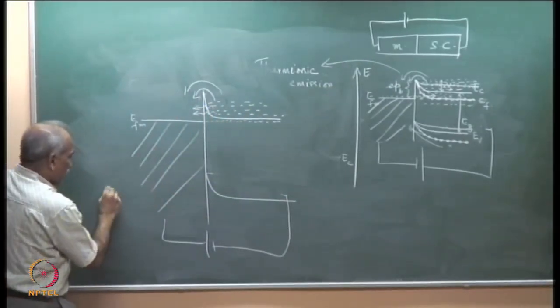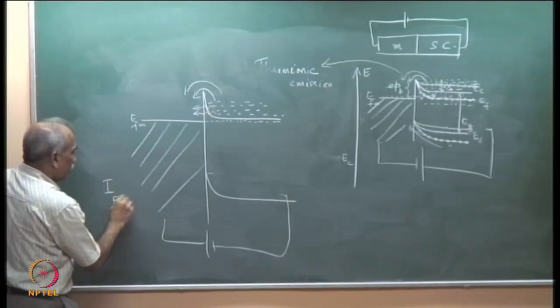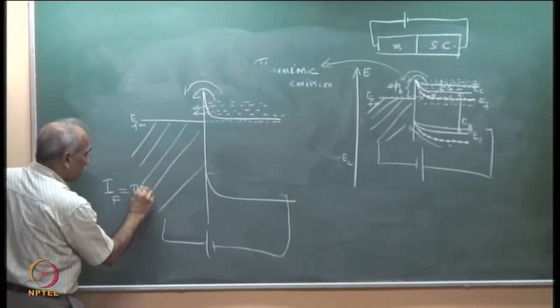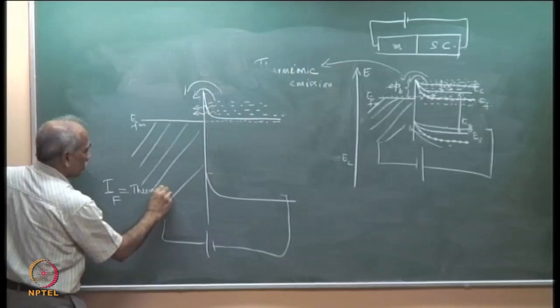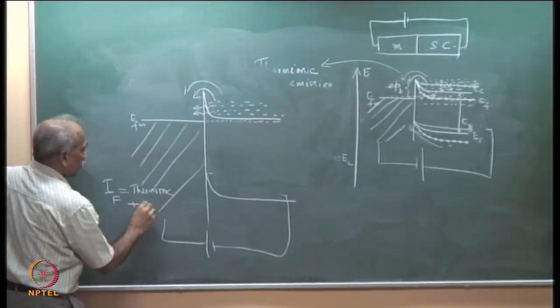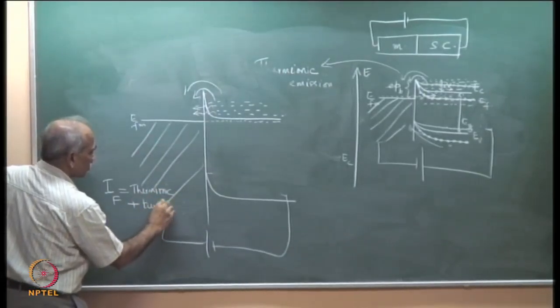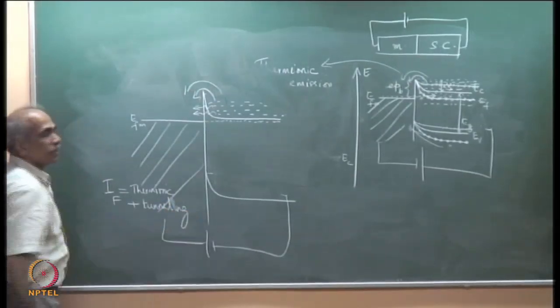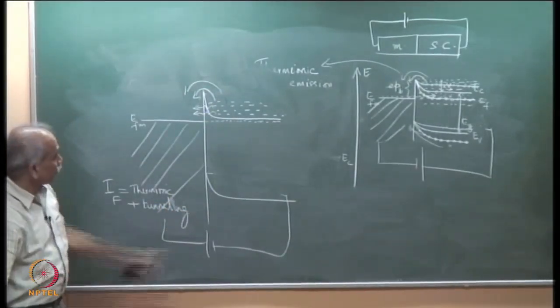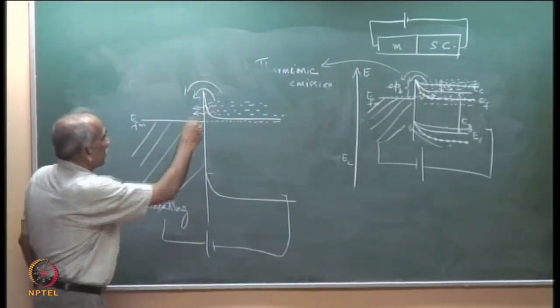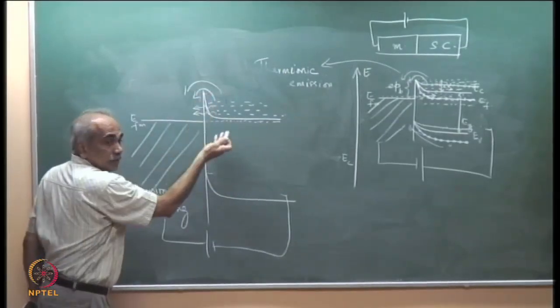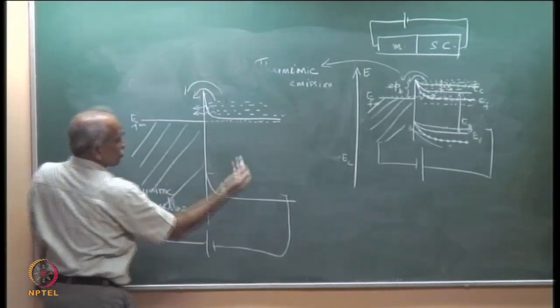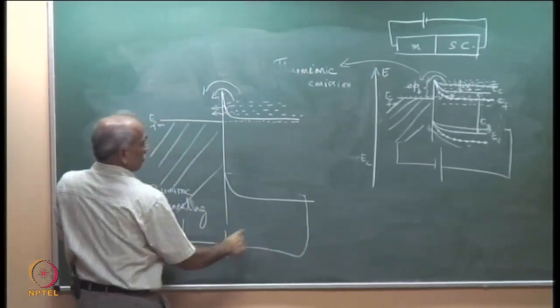So, the forward current IF will comprise of thermionic emission plus tunneling.